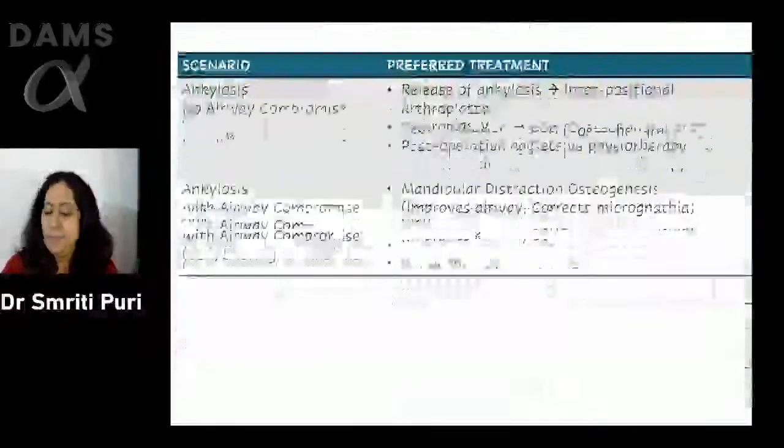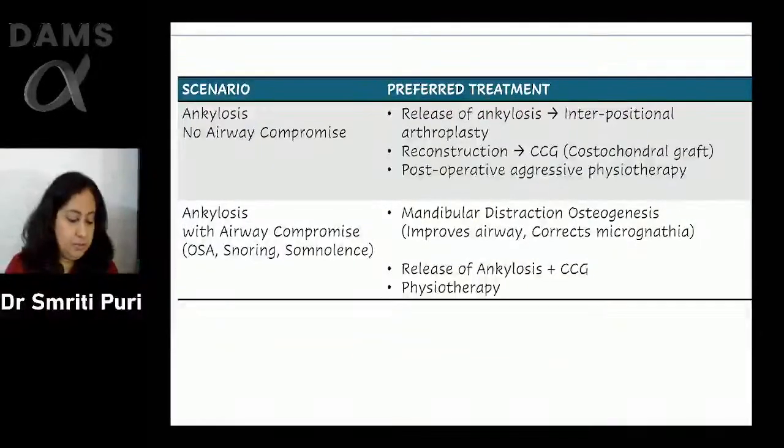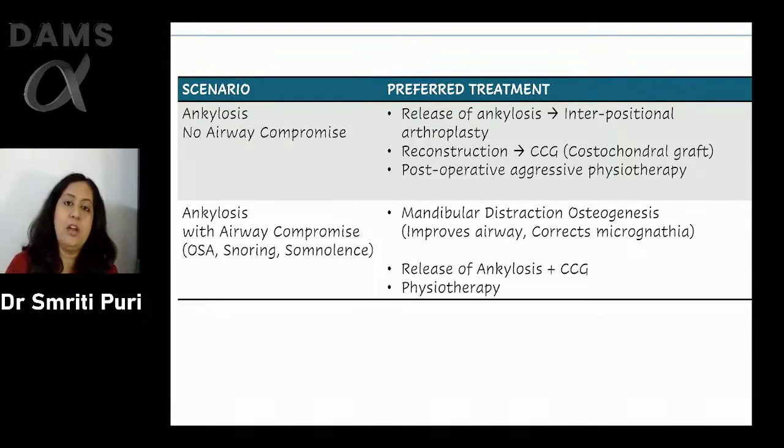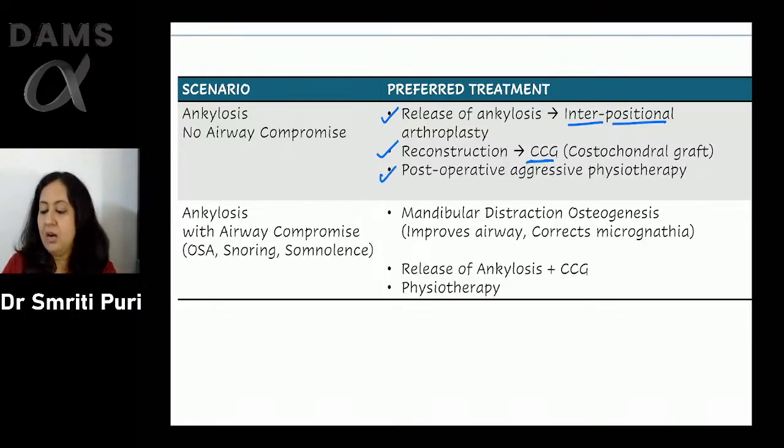Okay. Now, please remember this table. So, if there is ankylosis with no airway compromise, you have to release the ankylosis first, do an interpositional arthroplasty, followed by reconstruction with costochondral graft and post-operative physiotherapy.